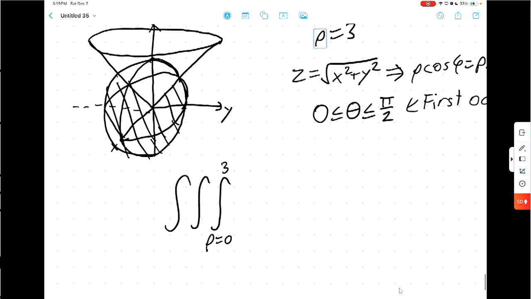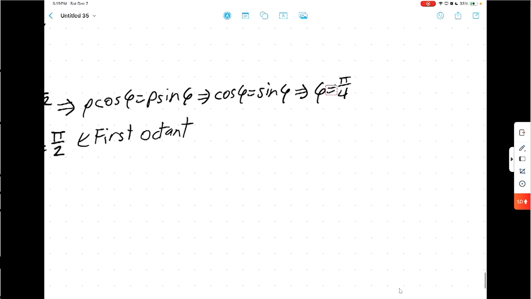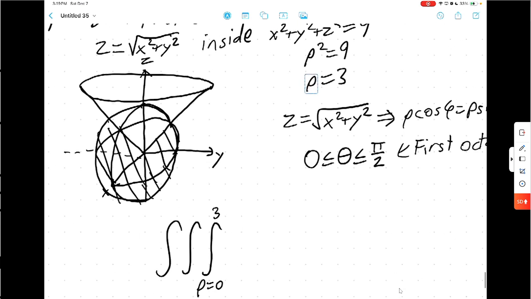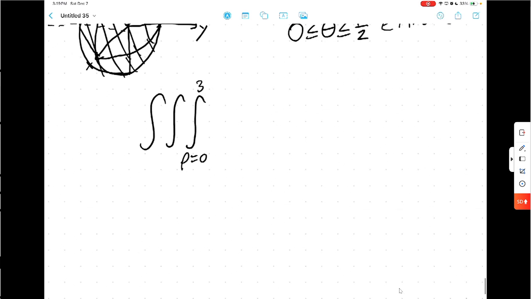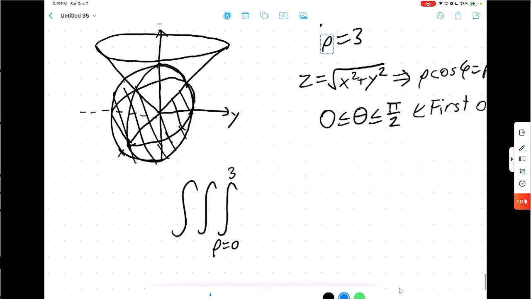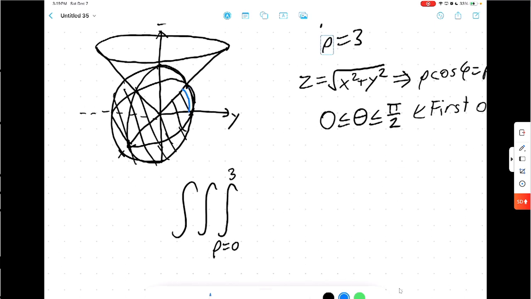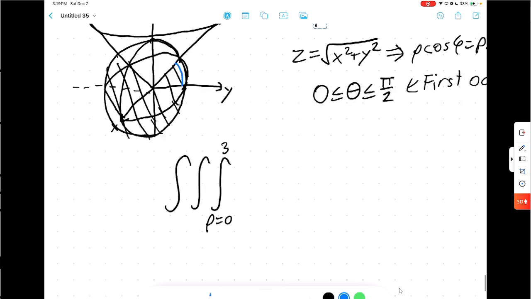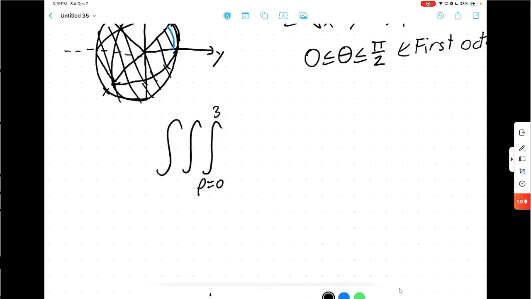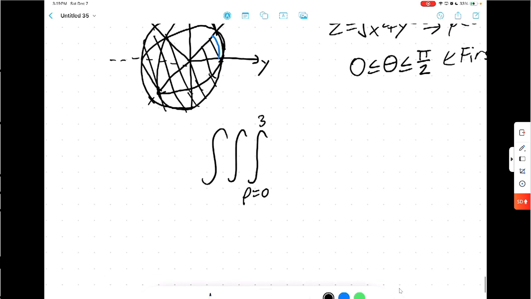Now, for the phi bounds, while phi is equal to pi over 4, it defines the cone. We're actually going below the cone. So it's actually this portion here. I'm just going to put it in blue. This portion here is going to be for the actual phi bounds.